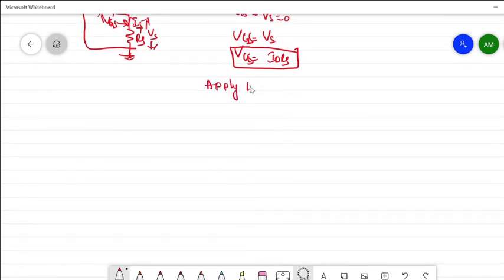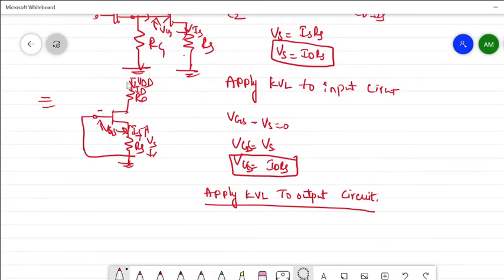Apply KVL to output circuit. Output circuit has just these three terms only.